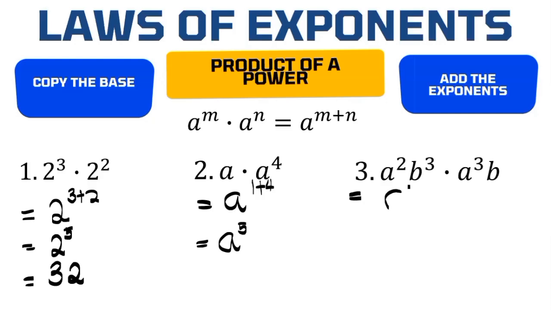Copy the base a, then add the exponents 2 plus 3, and you have another base which is b. Copy the base, then add the exponents, and the final answer is a to the 5th, b raised to 4. Okay, let's proceed with another law.